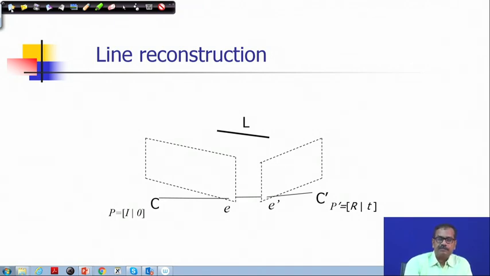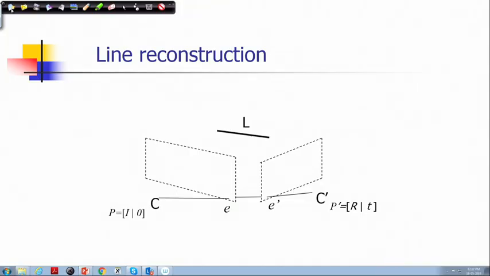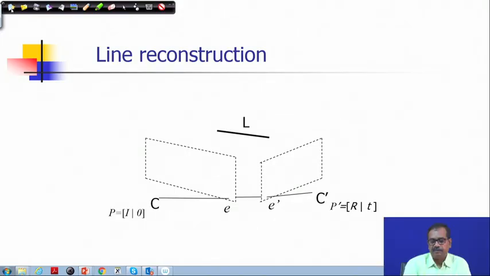Let us consider the other problem of line reconstruction. Consider a particular situation where you have been given a straight line L, and you can get its two images, which will be again straight lines in the first image plane and in the second image plane.